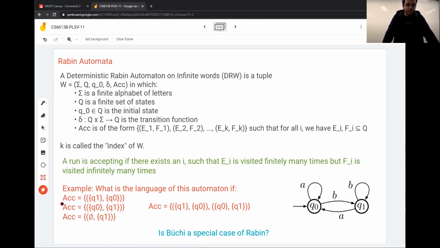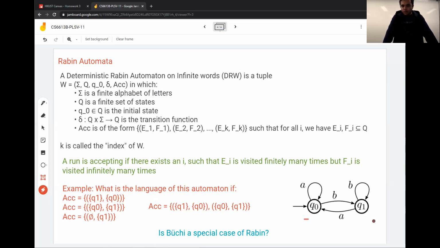Now, what happens if I just take the two of these and use them as two different pairs? So let's say my accepting condition is this. I would accept either if I visit Q1 finitely many times and Q0 infinitely often, or if I visit Q0 finitely many times and Q1 infinitely often.